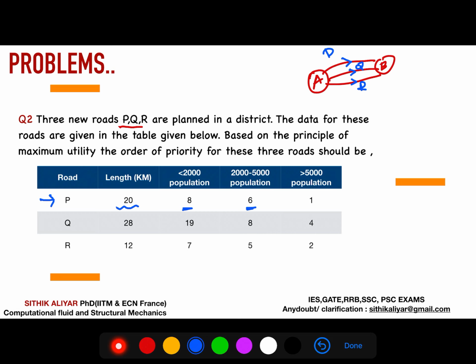Number of villages connecting is 6. Villages with population greater than 5000 that it is connecting is 1. Similarly they have given details for P, Q and R. Which is the best road? Practical question, right? Which is the best road?